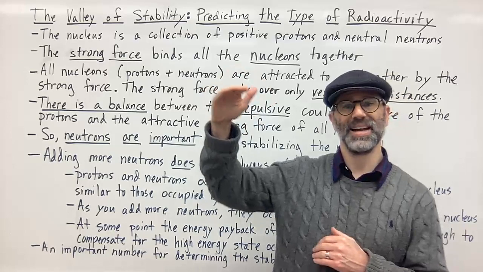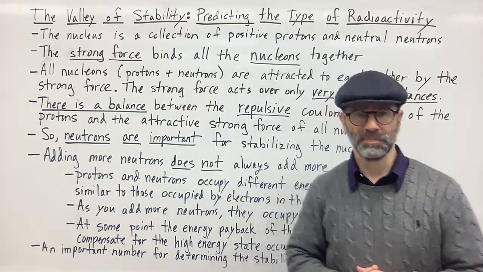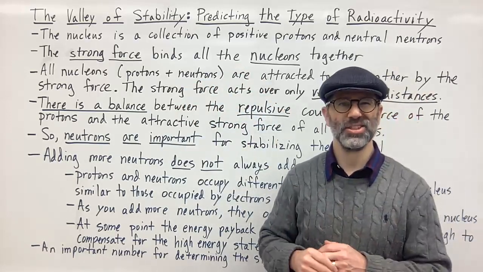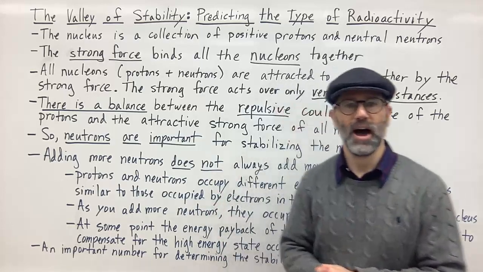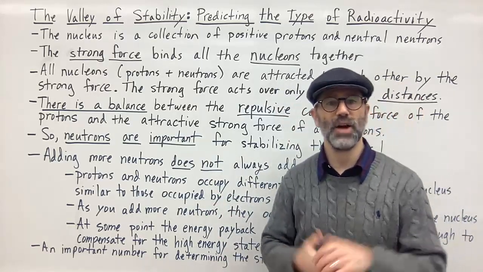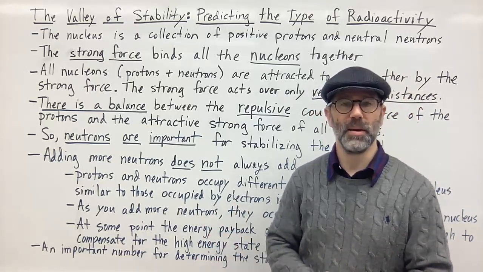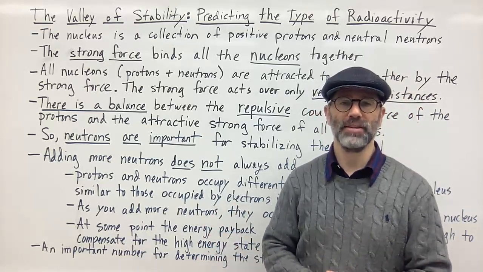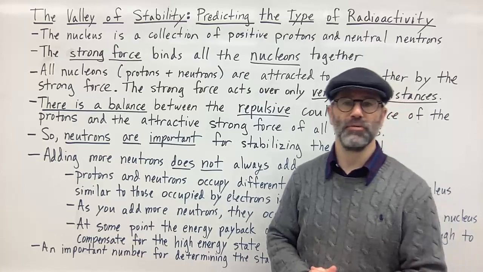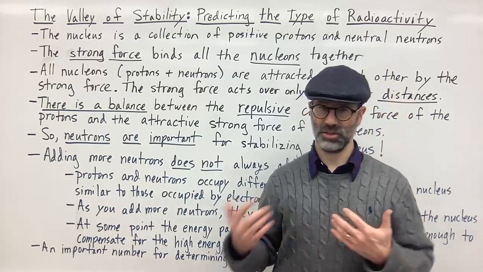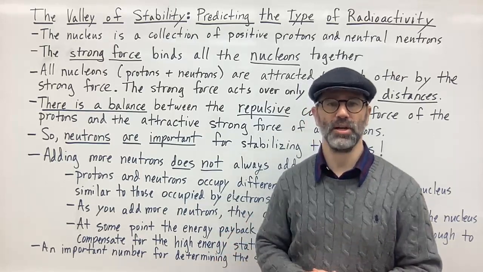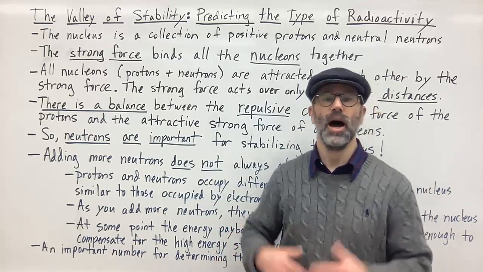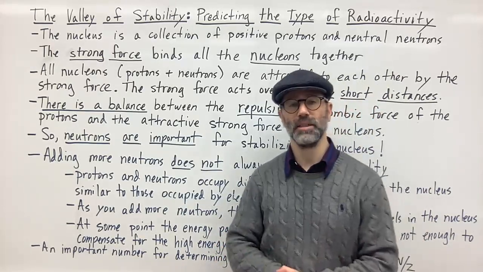That's going to over-affect, for lack of a better word, the attractive force that's gained by the strong force. So at some point, the energy that the neutron occupies is just going to be too high, and the stabilizing effect is not going to be there. In actuality, there's going to be a destabilizing effect.